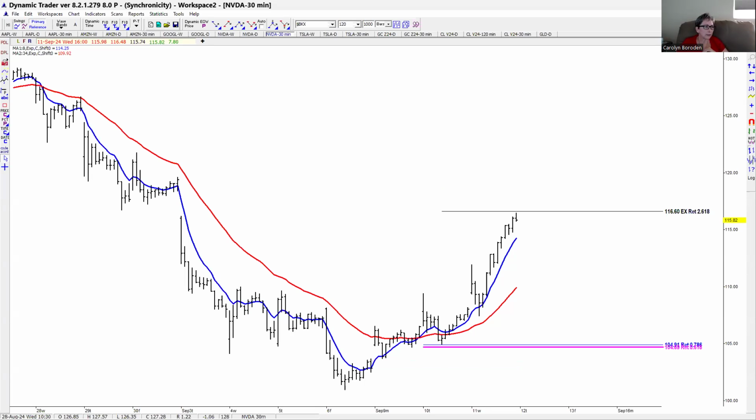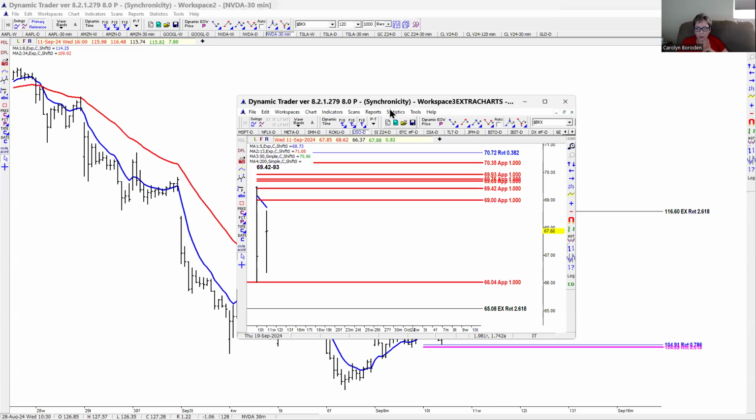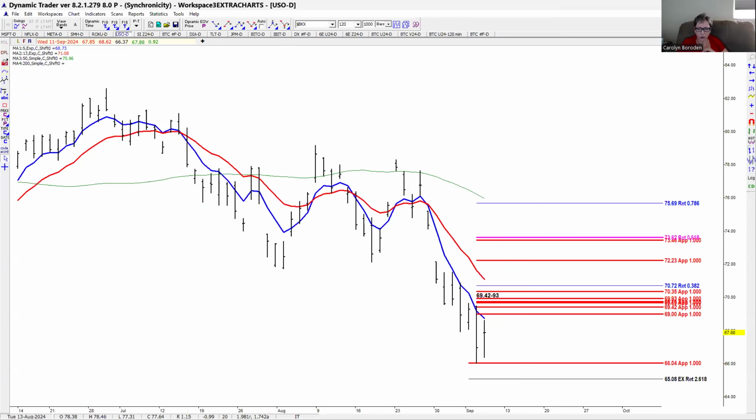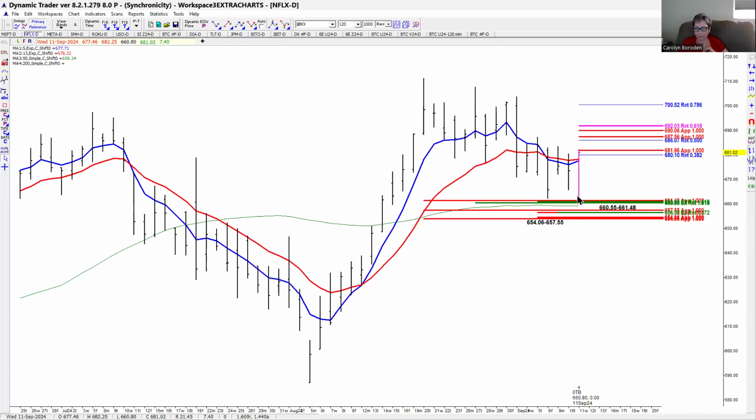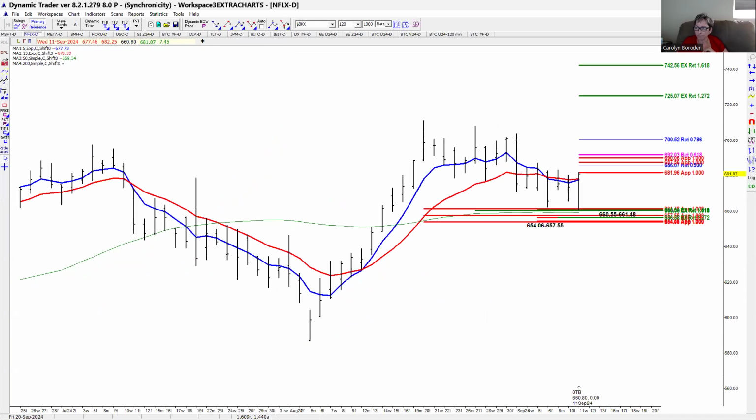Let me just go through my current charts. These are the extra charts I do during the day. Microsoft, I don't have anything great right now. We're kind of in the middle of decisions. But Netflix was one of the examples I showed you. Netflix has potential to 725.07.